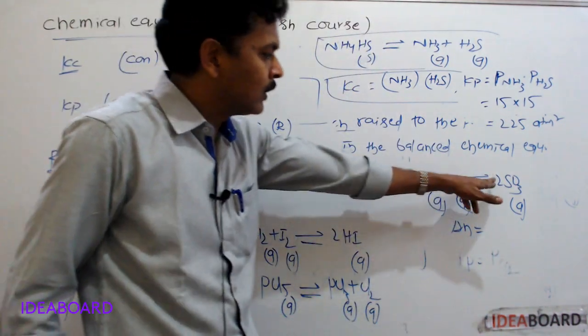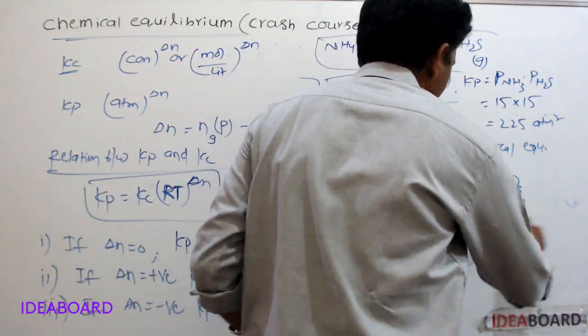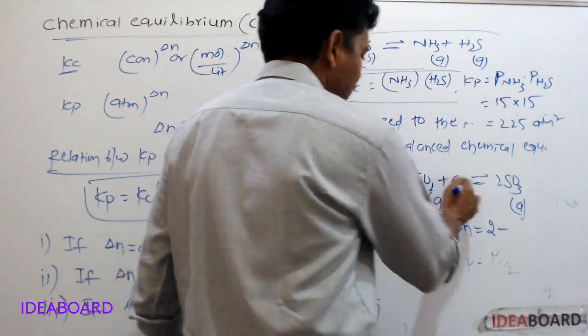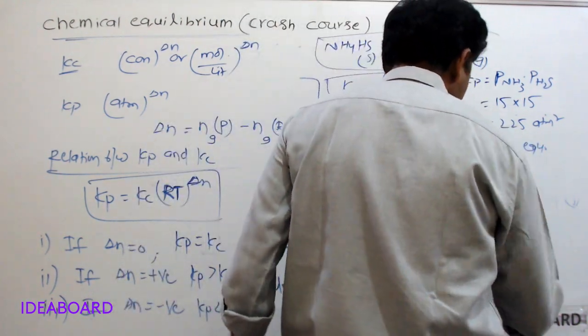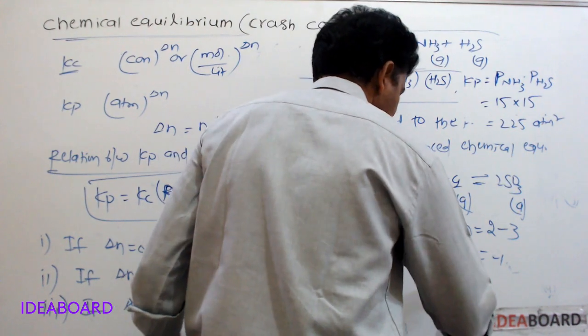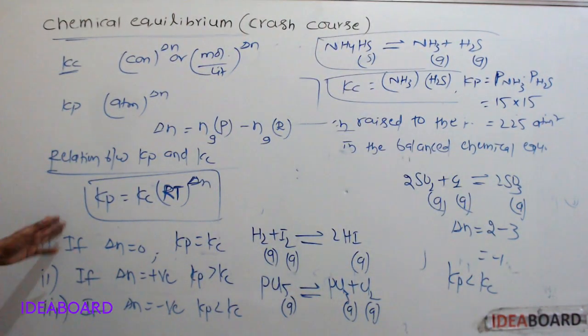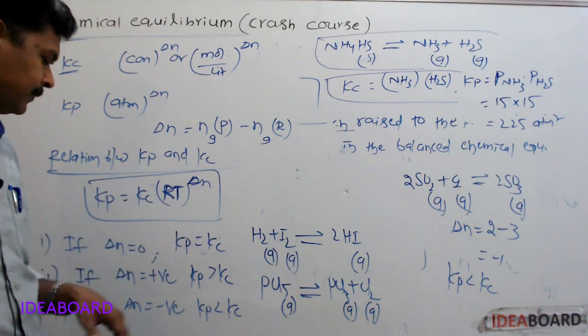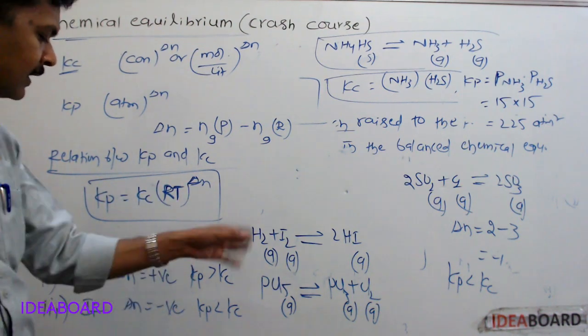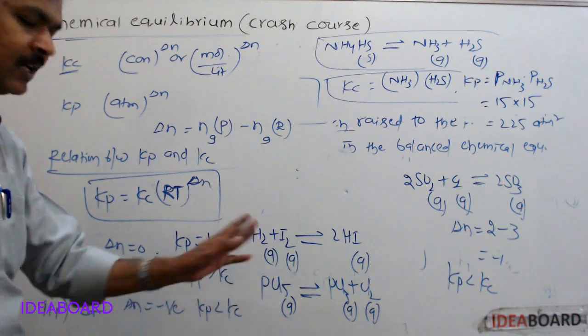Delta n is equal to the total number of moles of gaseous products minus the total number of moles of gaseous reactants, which is minus 1. So here Kp is less than Kc. If delta n is equal to 0, Kp is equal to Kc. If delta n is positive, Kp is greater than Kc. If delta n is negative, Kp is less than Kc.